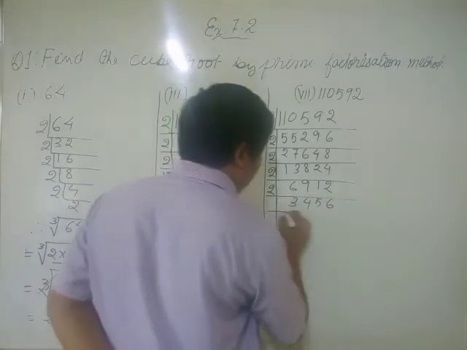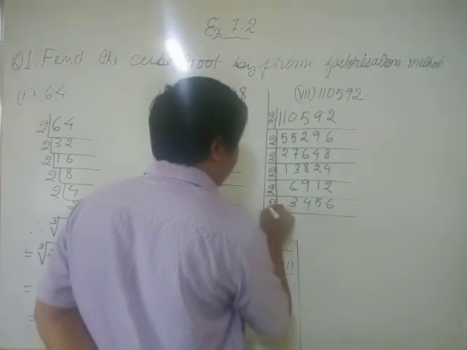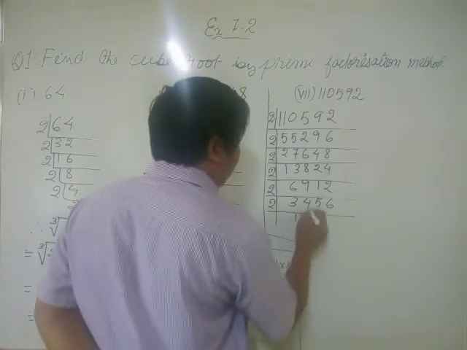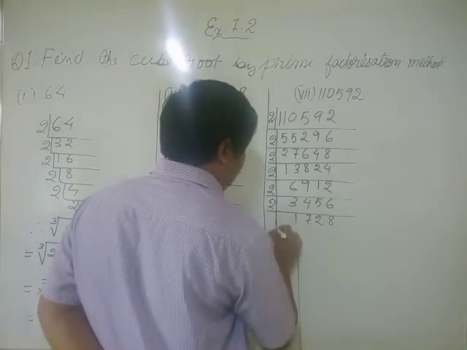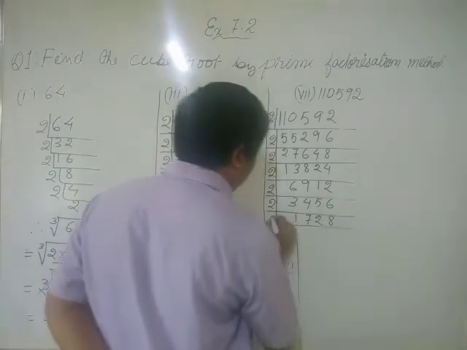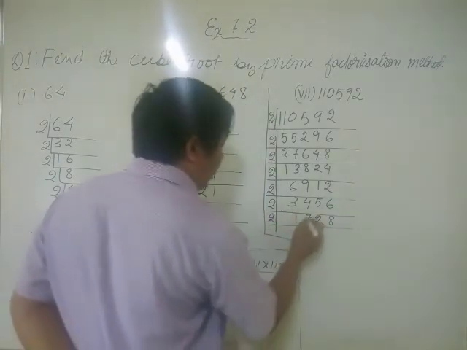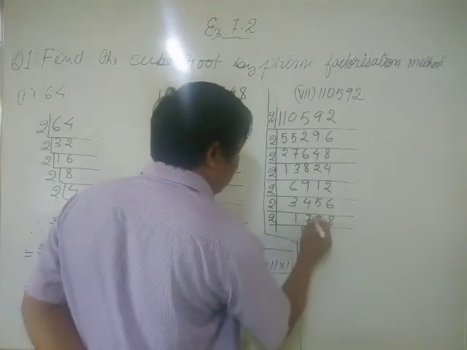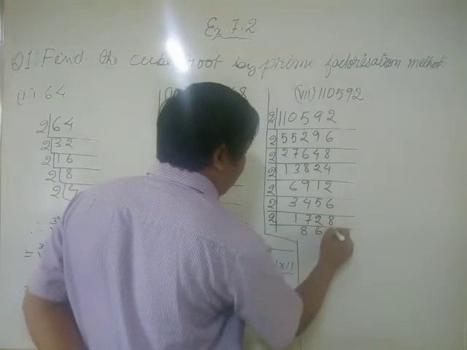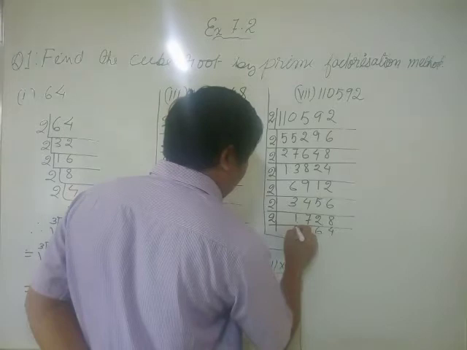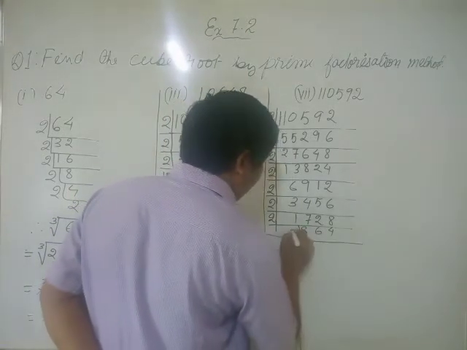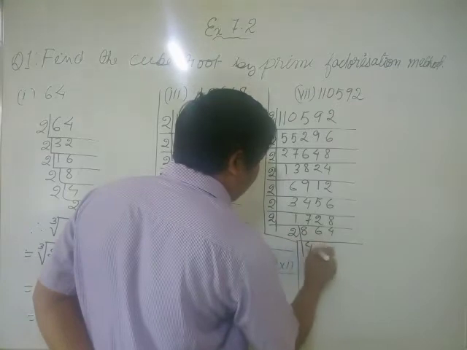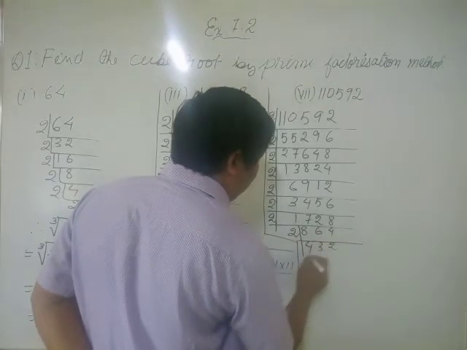Then still again with 2 here, 2 1 is 2, 2 7 is 14, 2 2 is 4, 2 8 is 16. And still we can continue with 2. 2 8 is 16, 2 6 is 12. Now next, still we can continue with 2. 2 4 is 8, 2 3 is 6, 2 2 is 4.